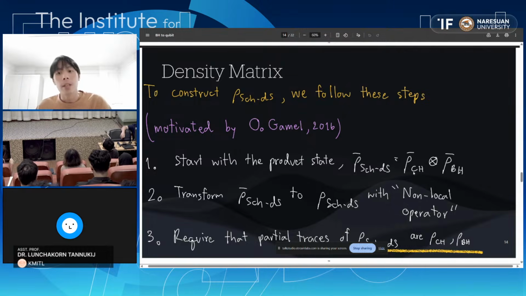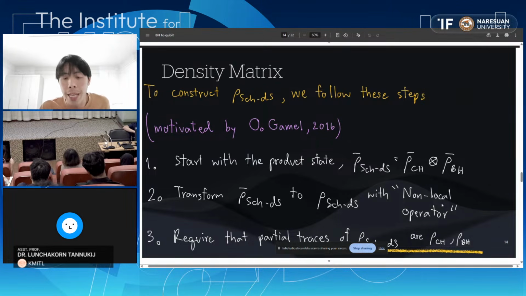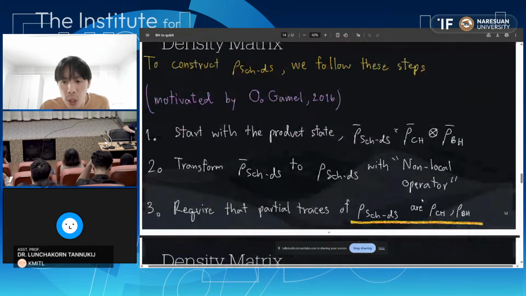The other mixes the elements of these two density matrices in a very non-trivial way, and that is called a non-local operator. This is what introduces the entanglement between the two. So basically, we are considering the entanglement between the two sectors already with this non-local operator.